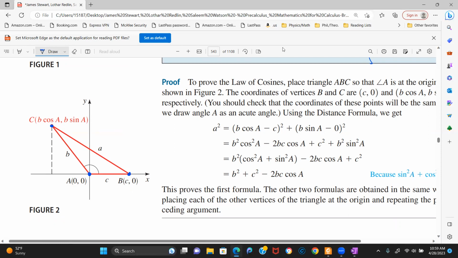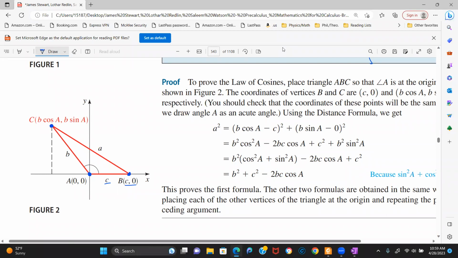We're basically putting our triangle in standard position, building the coordinate system around it so that one of the vertices is the origin. But what about this point right here? What are its coordinates? Can we work that out?